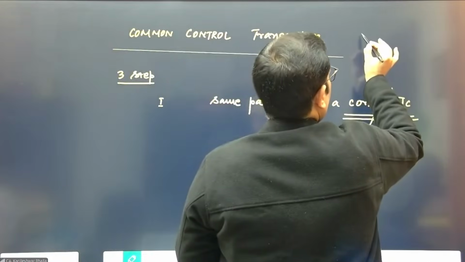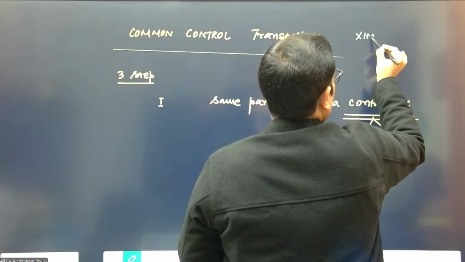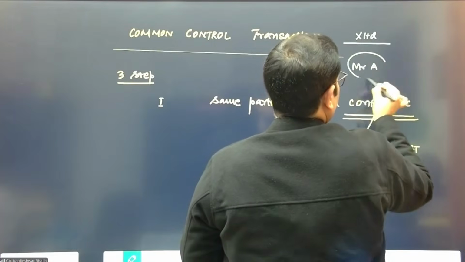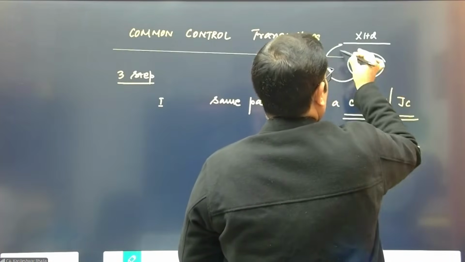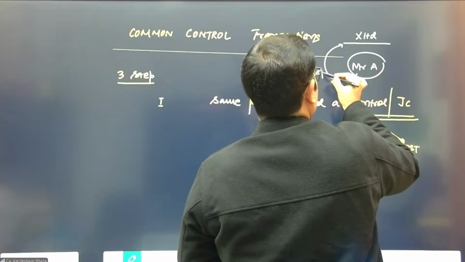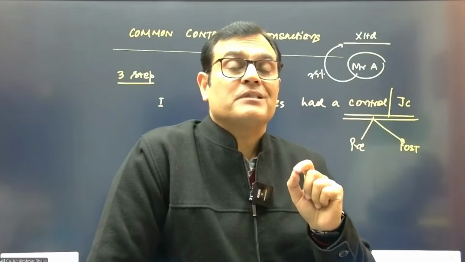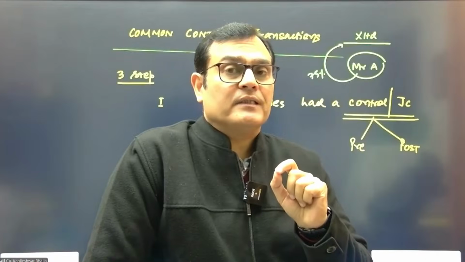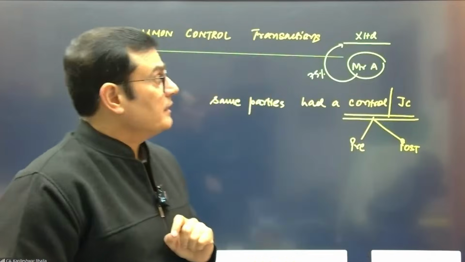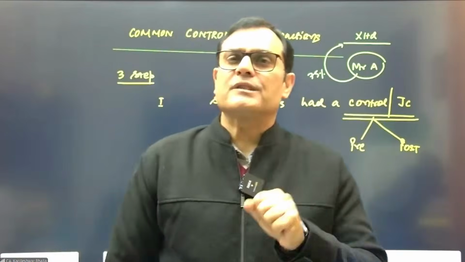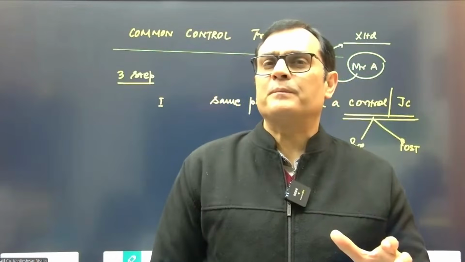Let us consider in this case, there is a company X Limited and there is a shareholder, Mr. A. Let's say he has got a 75% stake in this company. I would say Mr. A controls this company because he's got more than 50% stake.